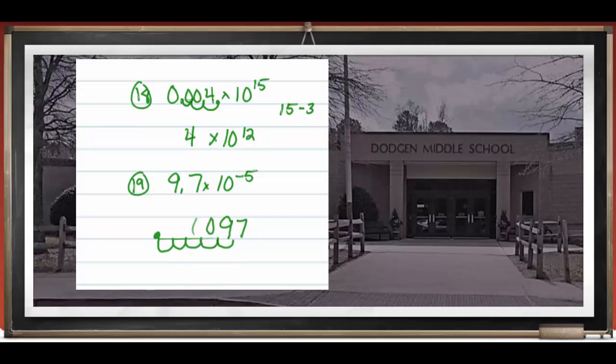For each one of these loops, there needs to be substituted a value of 0. And then I told you in class I like to see a 0 before the decimal place, just so that it helps me to know for sure where your decimal place should be. So 0.0000097 is your solution to problem 19.